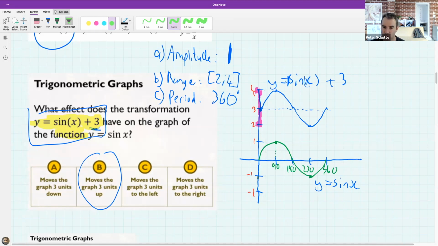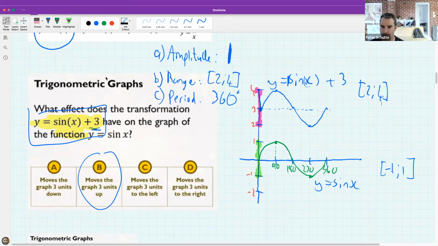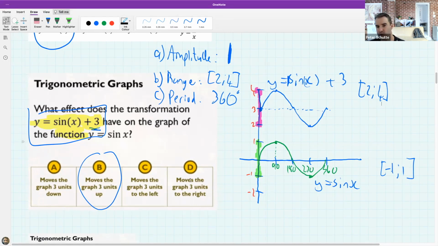Whereas in the earlier graph, the lowest value I got to was -1, the highest value I got to is 1. So the range for the lower one here was between -1 and 1, whereas the range here was between 2 and 4. And I'll come back to range again in later questions. So it's just which y values are involved in that particular graph.